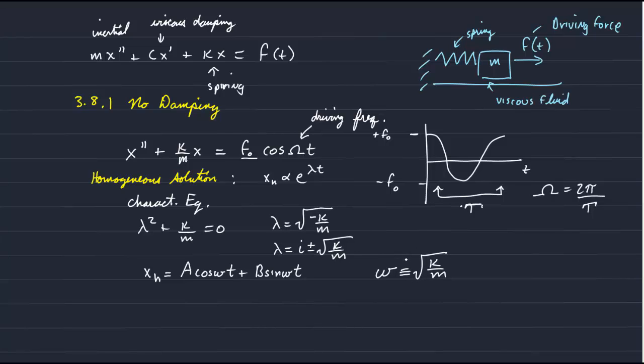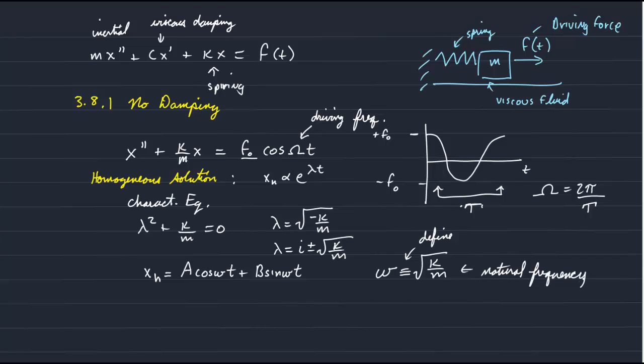The triple bars here mean we're defining our natural frequency by this ratio, the square root of k over m. When we have triple bars, that means we're making a definition. And this is our natural frequency.